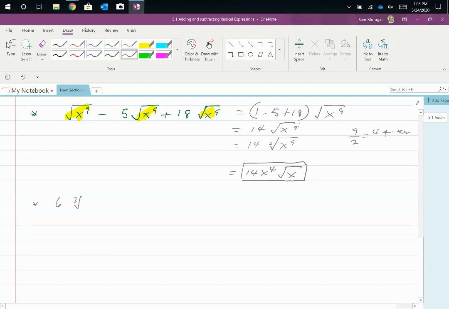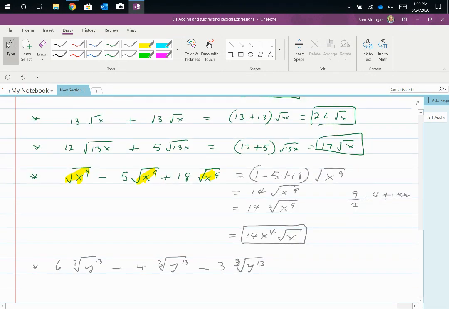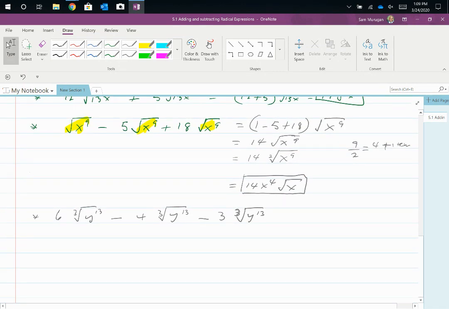6 times the cube root of y to the 13 power plus 4 times the cube root of y to the 13 power minus 3 times the cube root of y to the 13 power. So the radicals are the same, cube root of y to the 13.